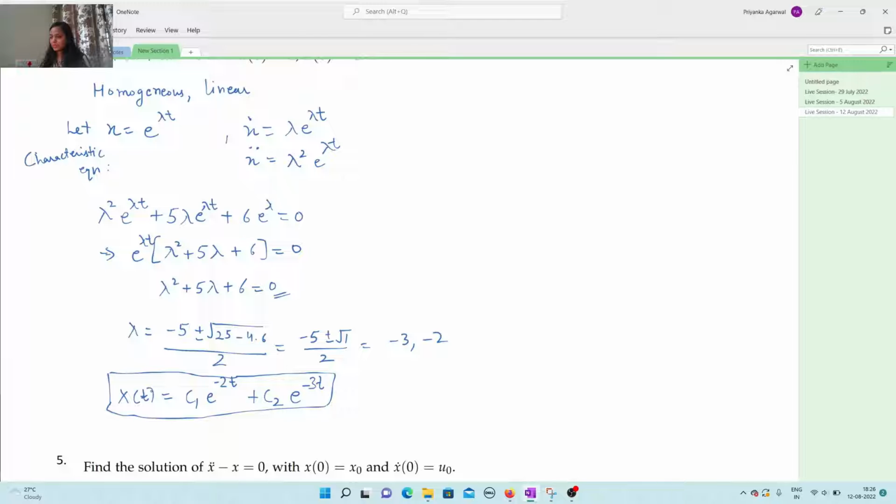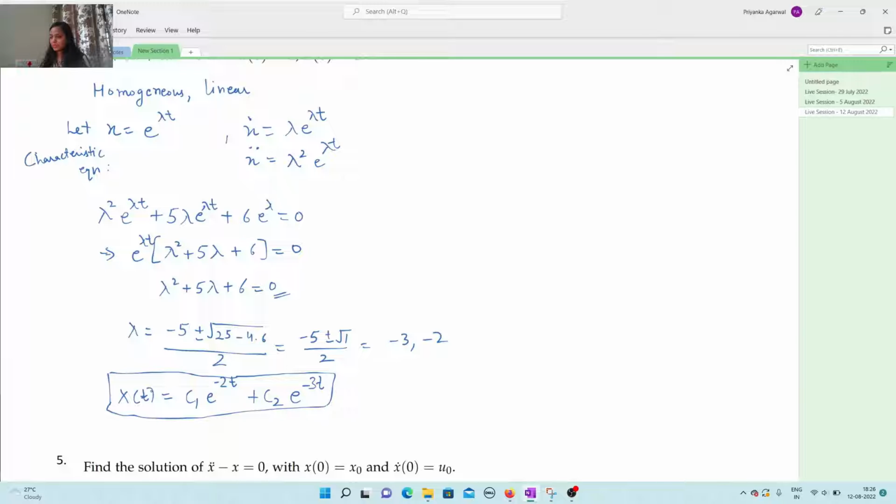Okay, so let's move to the next question, which is find the solution of x double prime minus x equals 0 with the given initial conditions that x of 0 is x naught and x prime of 0 is u naught. Now again the first step would be to find the characteristic equation.